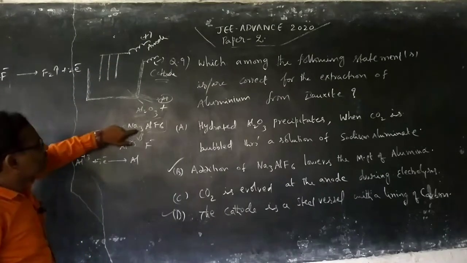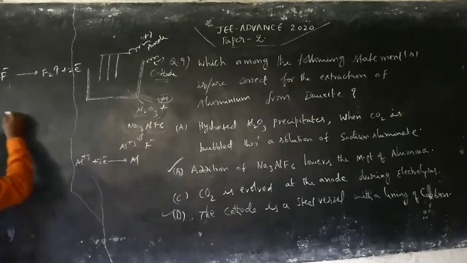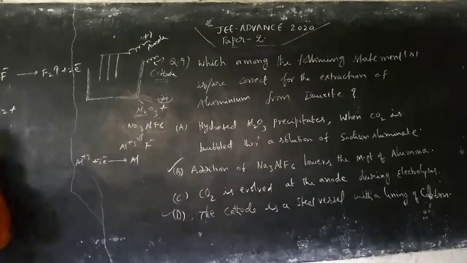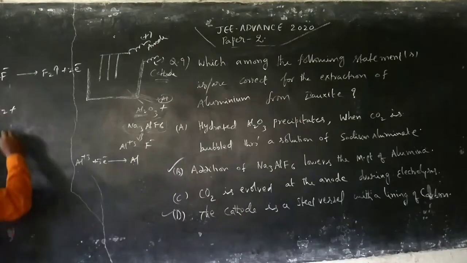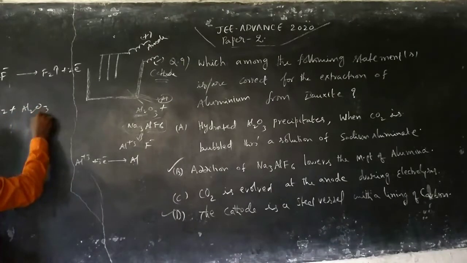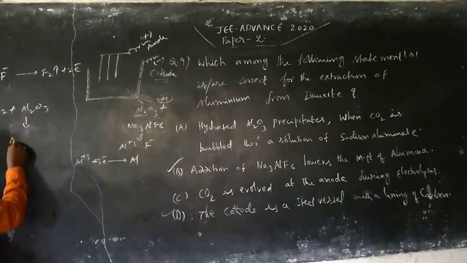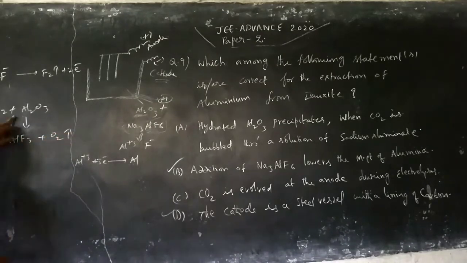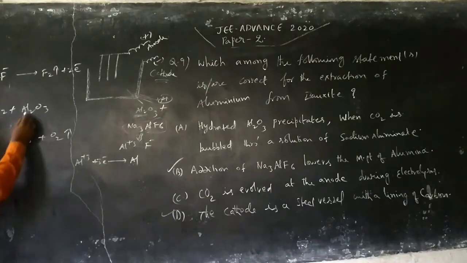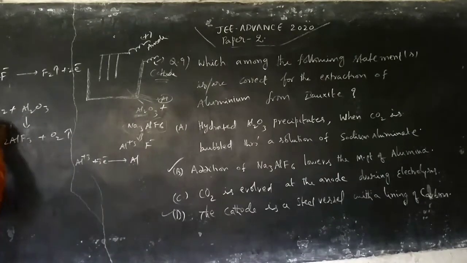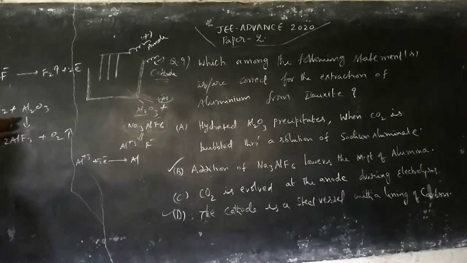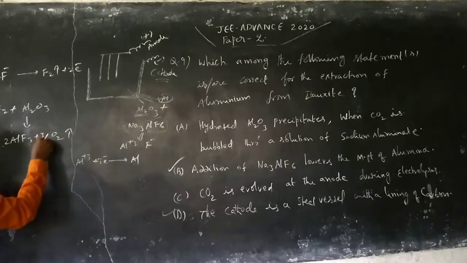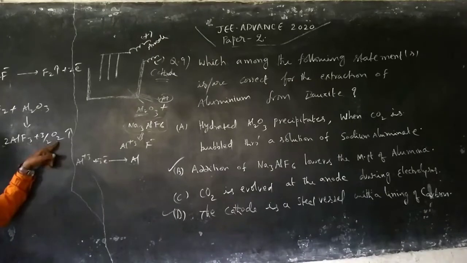Because of the high reactivity of fluorine, it interacts with Al2O3 and converts it to AlF3, and oxygen gas is evolved. If we balance this equation, you will get 2 aluminium, that means 6 fluorine, that means 3 moles of F2. How many moles of oxygen are evolved? 3 by 2 moles of oxygen gas are evolved.